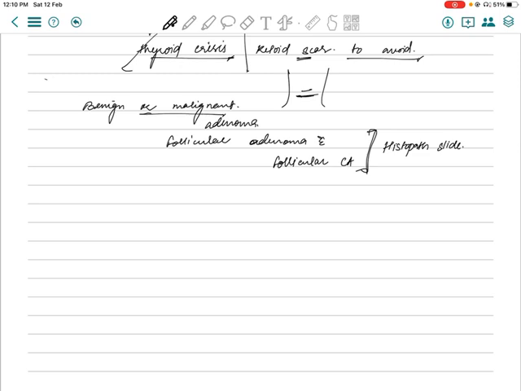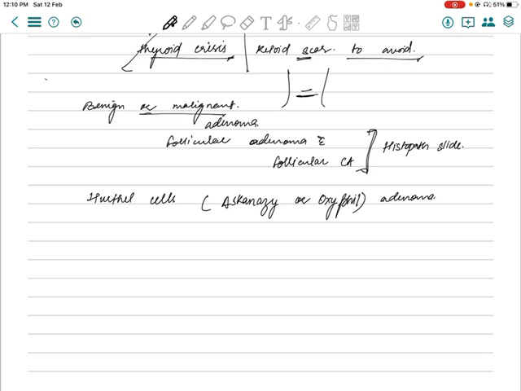Now, there are Hurthle cells, or oxyphil adenoma. It is a variant of follicular adenoma composed entirely of large acidophilic granular cells.